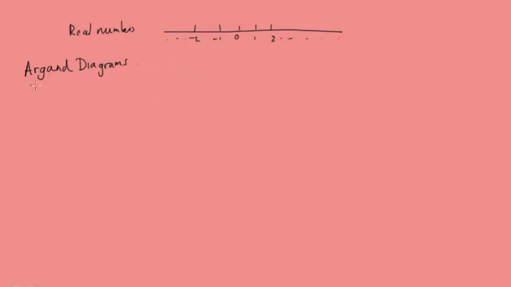So say we've got a complex number x plus iy, we represent x and y as Cartesian coordinates.